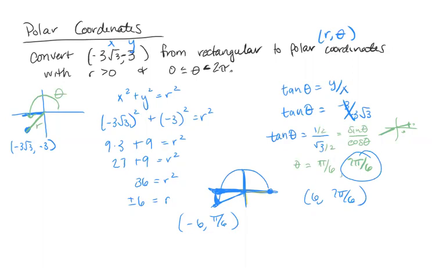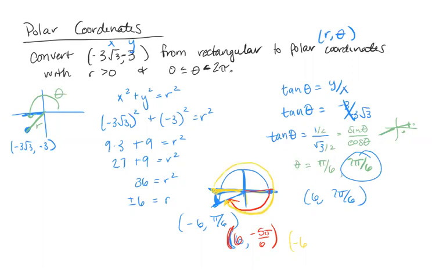You could also use +6 and then rotate down, but you're short a rotation of pi, so this would be -5 pi over 6. Or you could do -6, go out this way negative, and then rotate negatively all the way around.